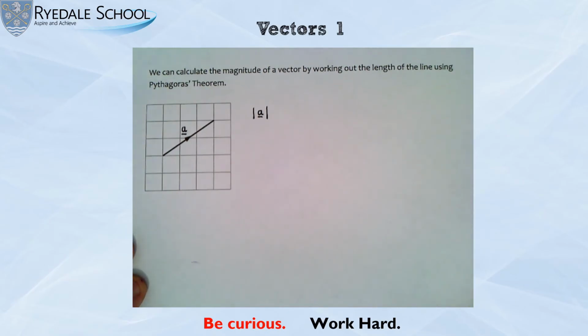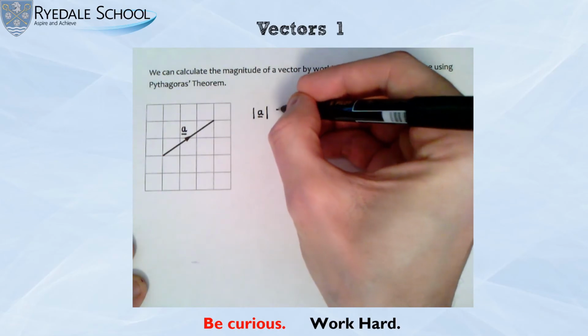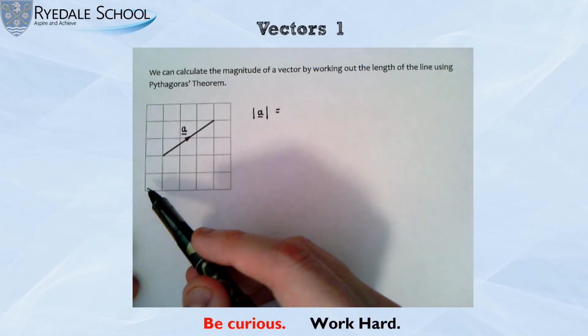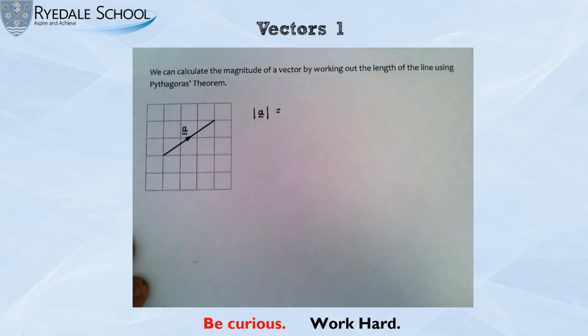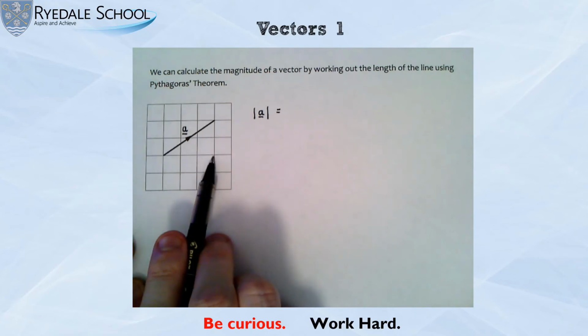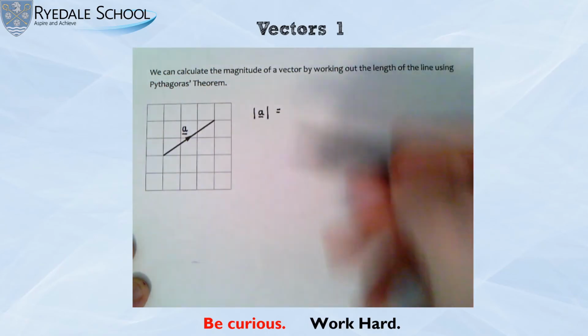So if I want to work out the length of the line, I'm going to be using Pythagoras' theorem. So you might be thinking, well, why does Pythagoras' theorem work? Well, if you think about it, a vector is broken already into a horizontal movement and a vertical movement.